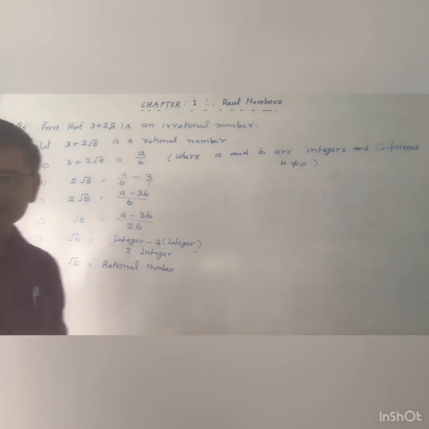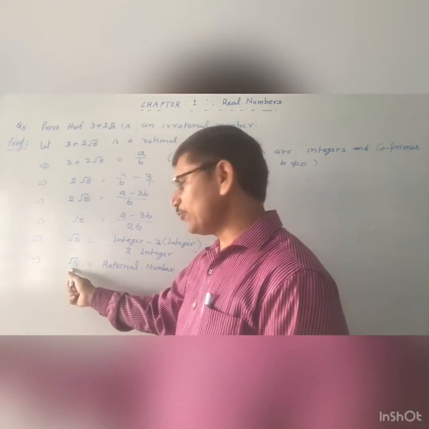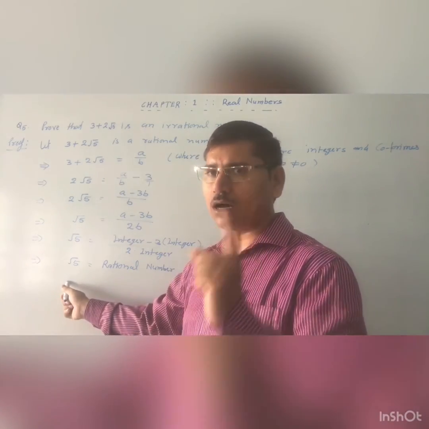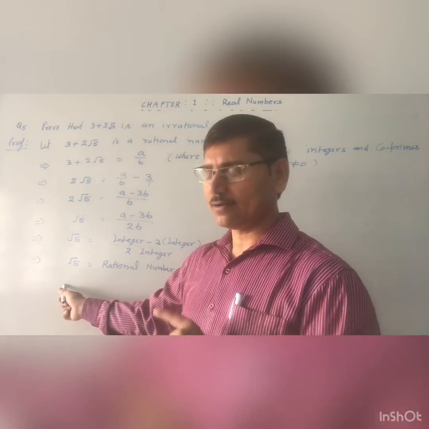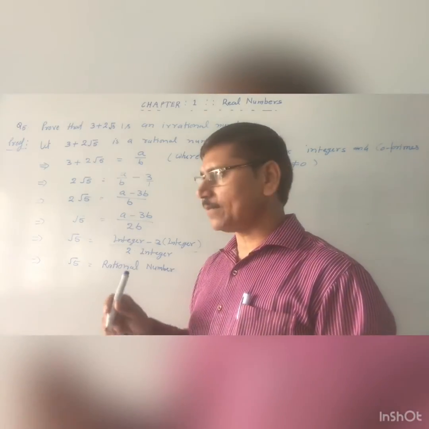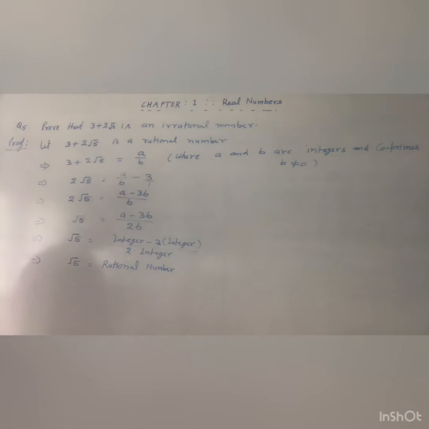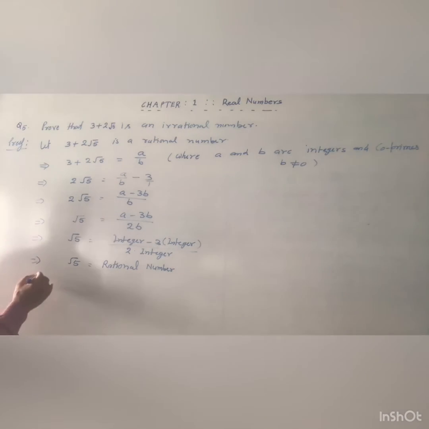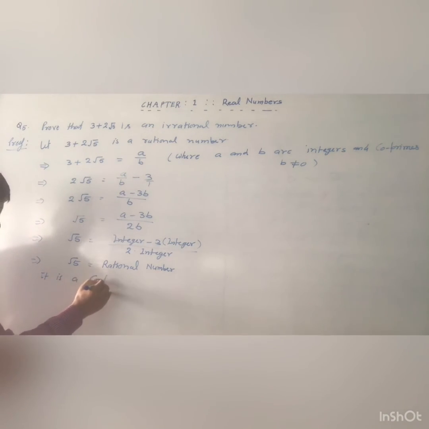So this is a contradiction, because under root 5 you know is always irrational, and this is rational. So we get a contradiction.